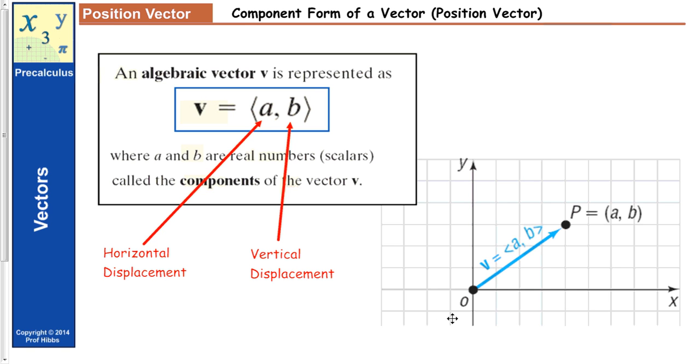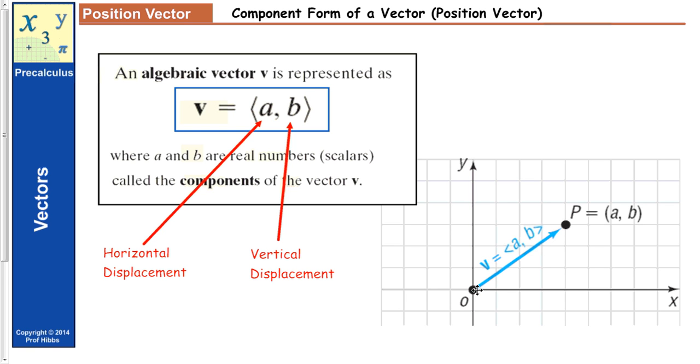And you notice on the previous pages, I was counting horizontally and counting vertically, and I was basically using this idea. How much are we moving horizontally and how much are we moving vertically? So if we see this vector named in this fashion, as in this component form, A comma B, that means we move horizontally A units from the initial point and B units vertically.